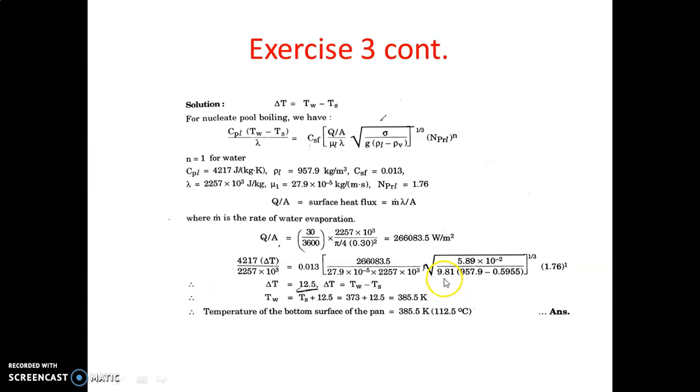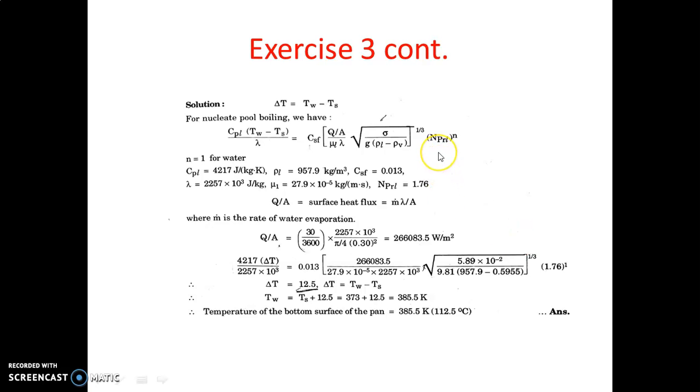Then g is acceleration due to gravity, which has the value 9.81 meter per second square, the constant. Then density of liquid, 957.9 kg per meter cube, minus density of vapor, which is also given here, 0.5955. And the whole bracket has the power 1 by 3.